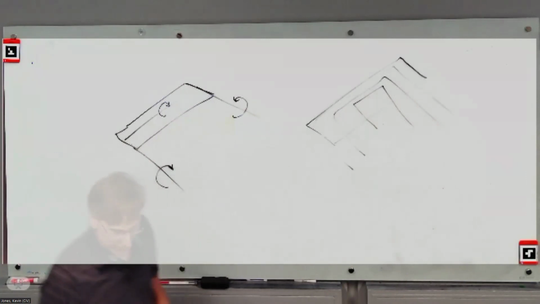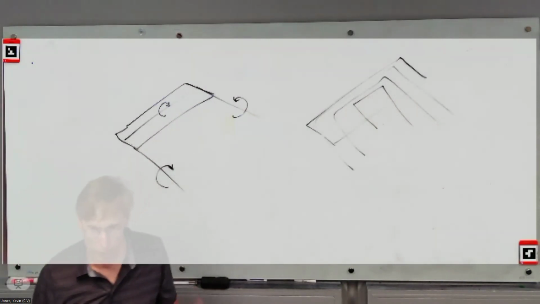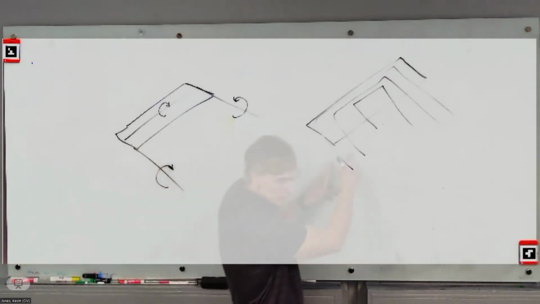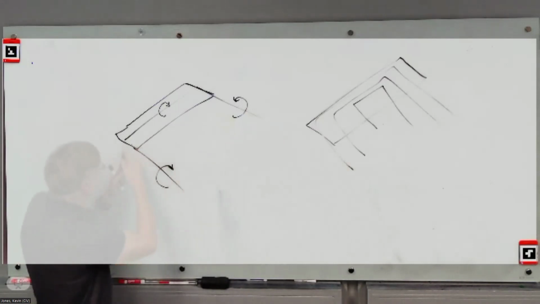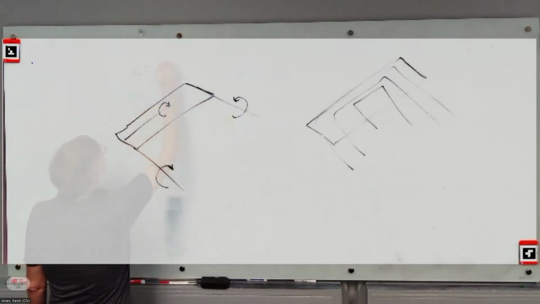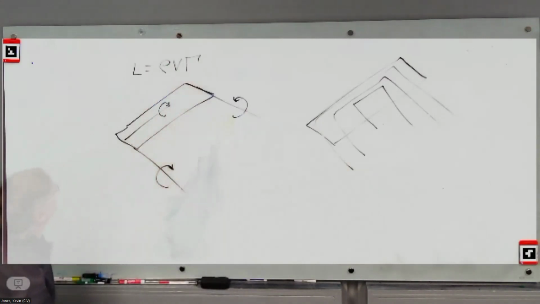Does everyone understand why that is? The vortex lattice method is actually a perfect example of the difference between these two. What this would give you is that the lift is a constant tip to tip. There's no change. If you remember, lift is rho V gamma, and that can be sectional.